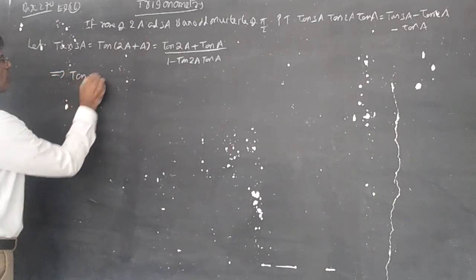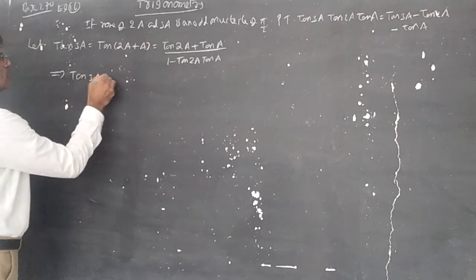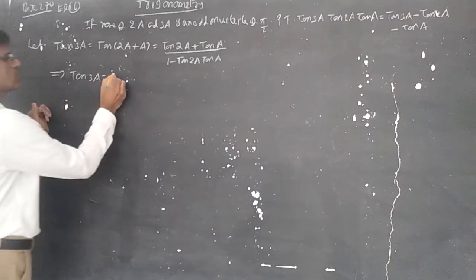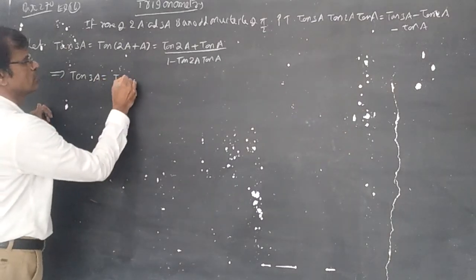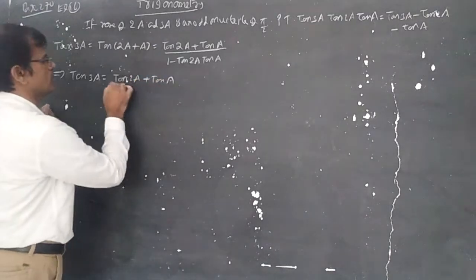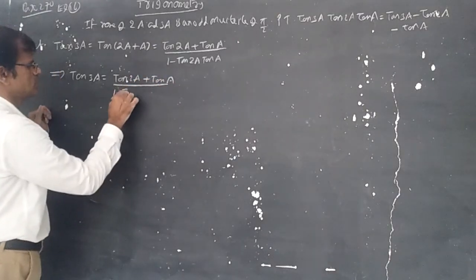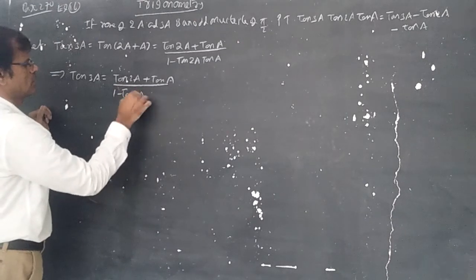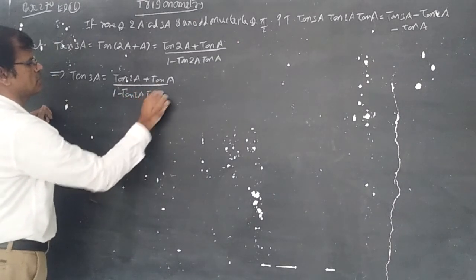Whatever the value we have considered, write that from the template: tan 3a is equal to tan 2a plus tan a whole by 1 minus tan 2a into tan a.